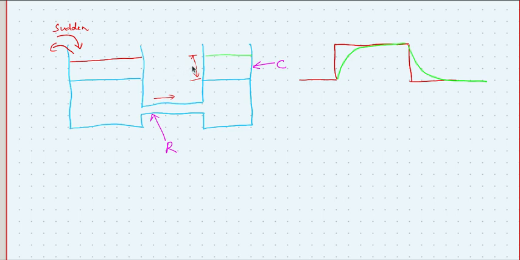Instead of that, if you look at what is happening between these two levels, the difference between these two, till this point the difference was zero because the water level in both the tanks was equal.